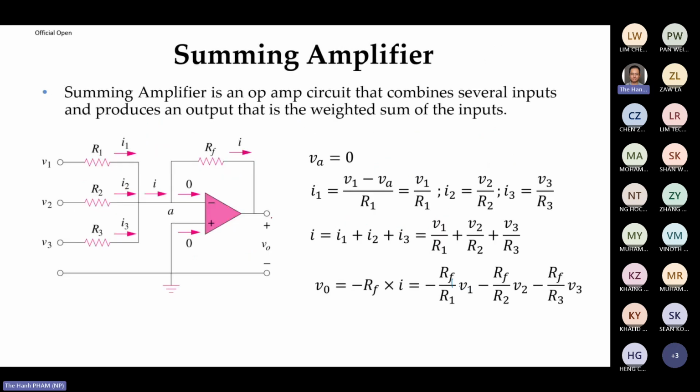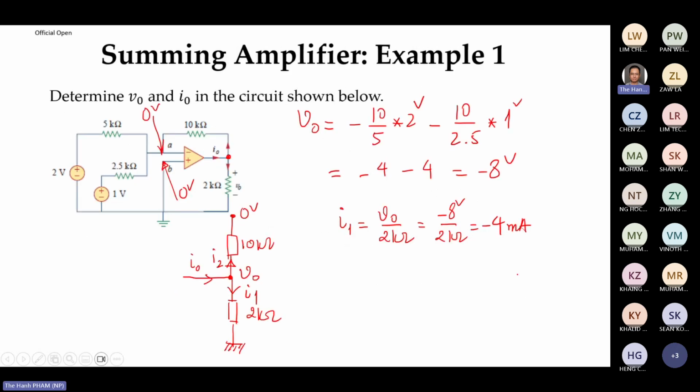Because of this, see the summing amplifier: RF divided by R1 times V1, then RF divided by R2 times V2. So at this point, 10 over 5 times 2 is 4. Then 10 divided by 2.5 times 1, this one is another 4.